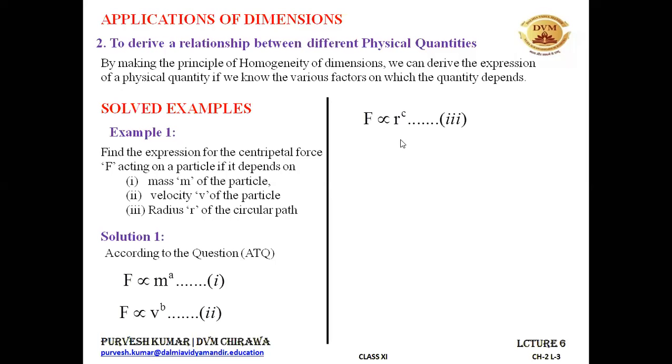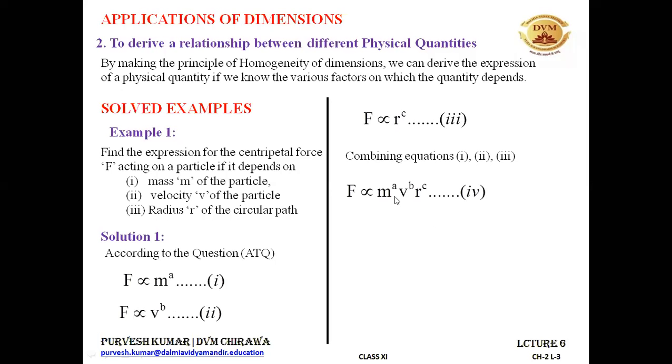Now combining these three equations, 1, 2, and 3, we can write that F is proportional to m to the power a, v to the power b, and r to the power c. And our job is to find a, b, and c by using the dimensions.